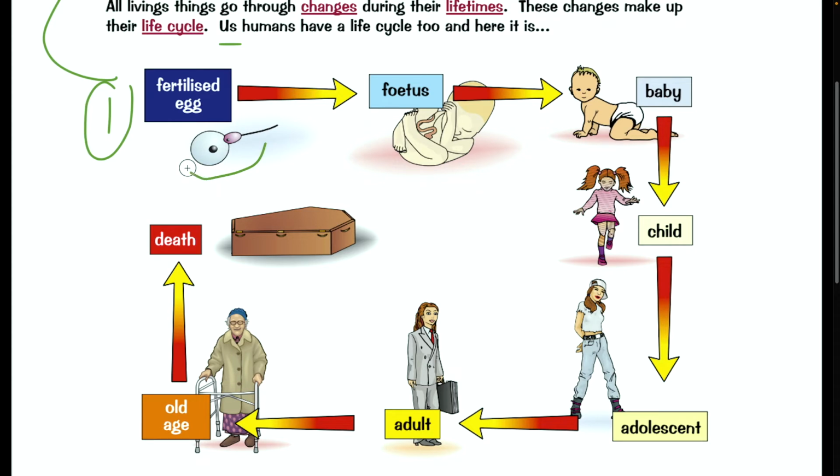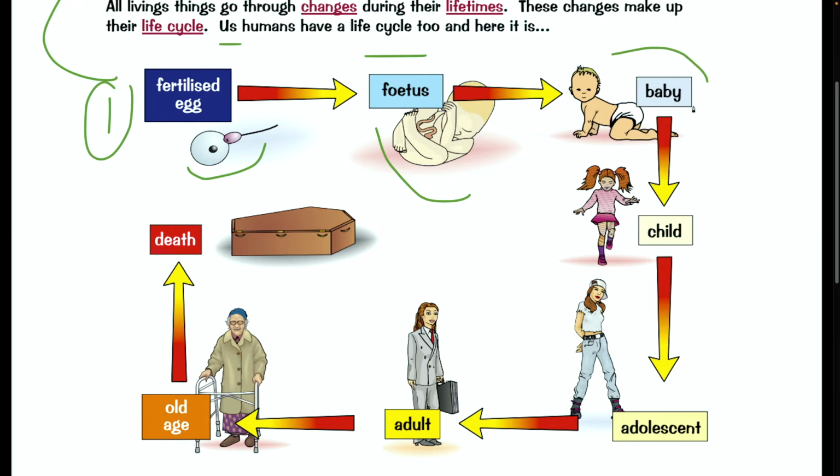So we have this encounter here, this matching, and then we have the next part here. Okay, so we have the fetus. This is inside of the belly. And after that, when the baby is born, when it gets out of the woman's body, then we have the baby, right?